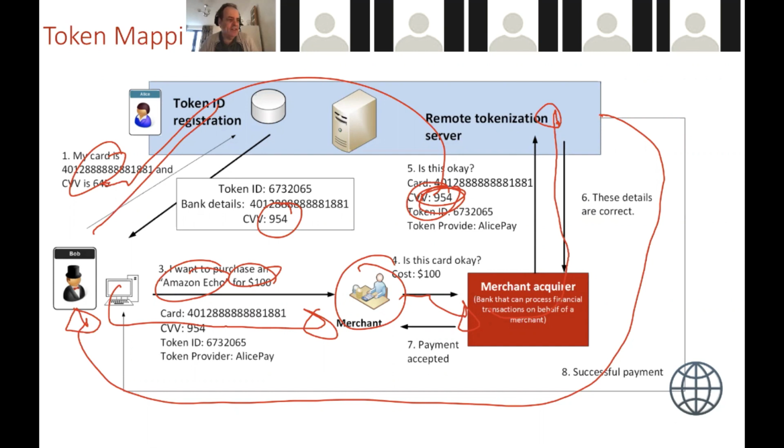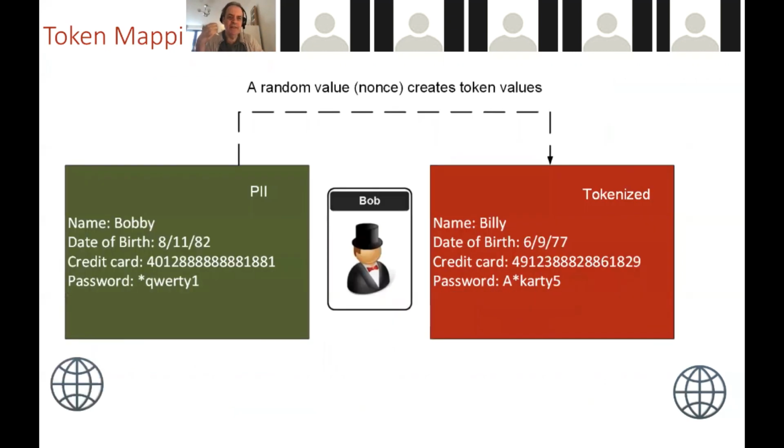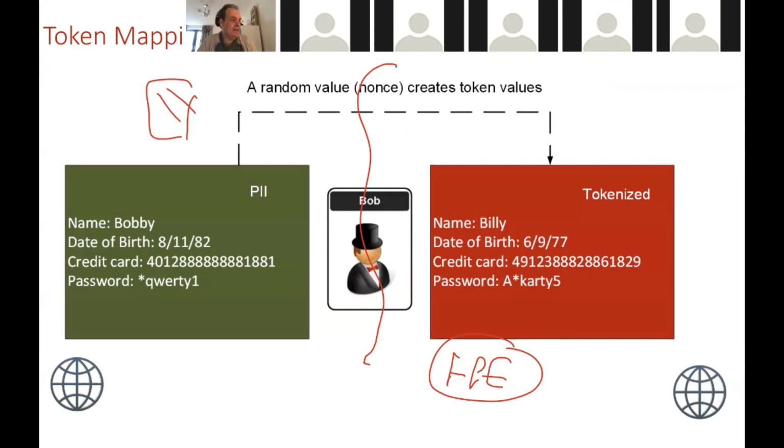Okay, so in a tokenization world, we have signed tokens that are signed and trusted, so we can't fake them, and they have the protected infrastructure. There's an interesting method called format preserving encryption, because we have a lot of card readers which are old and are just looking for a credit card number that starts with a 4 and has a certain number of digits and so on.